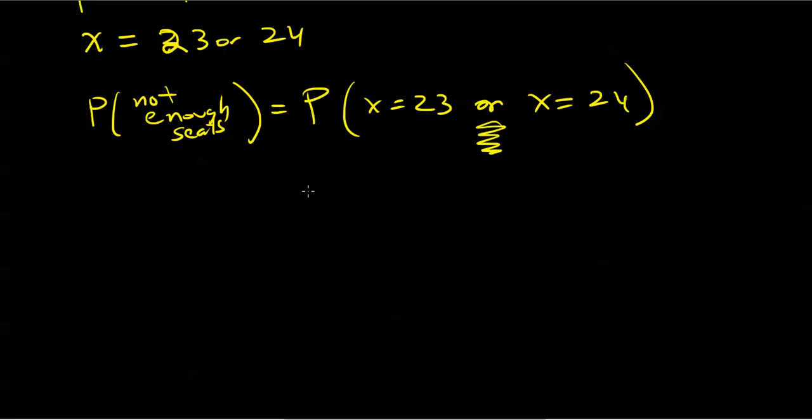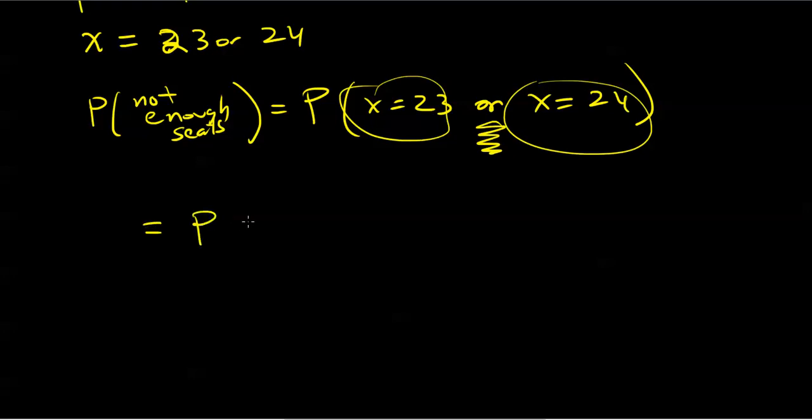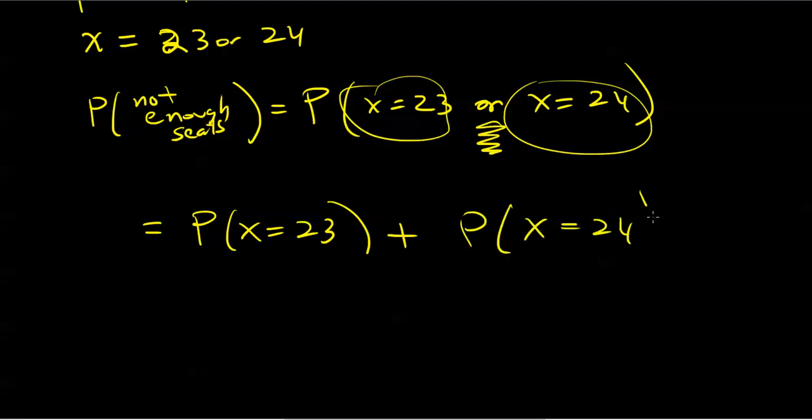Alright, because this is an OR probability and because these are disjoint events, they both can't happen simultaneously, I can just add up the probability of the 23 case and the 24 case, and that will satisfy. Now, of course, I'm going to use my binomial PDF operator, and let me write it out like this.